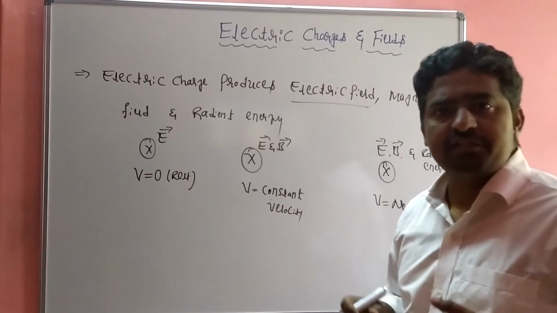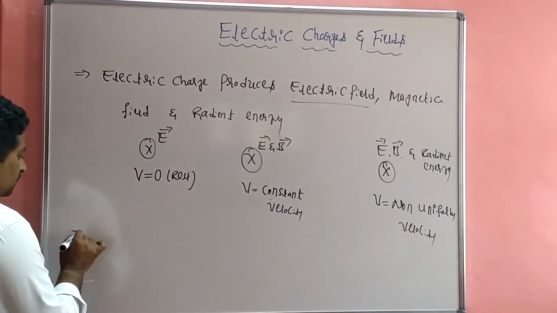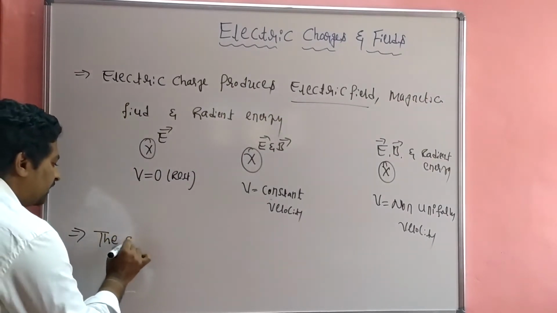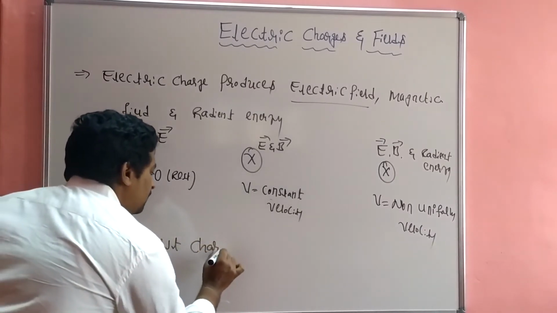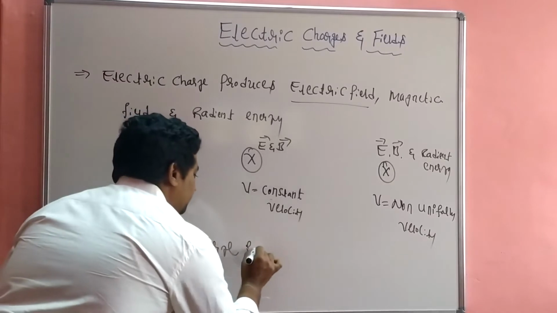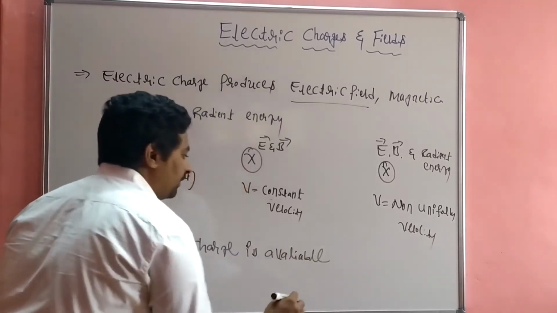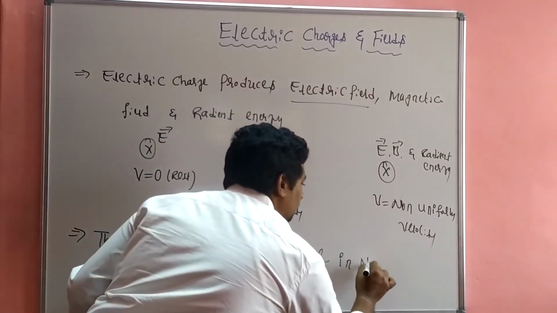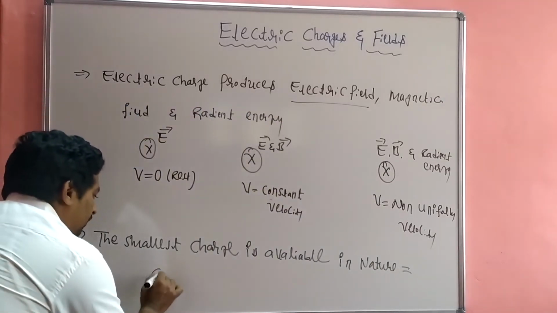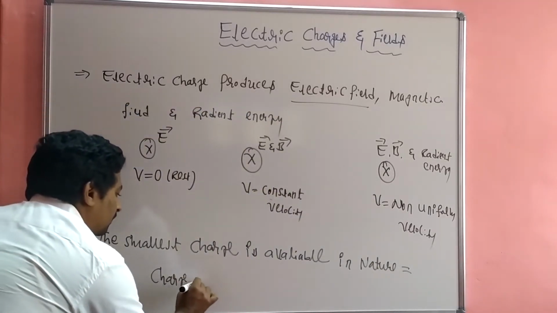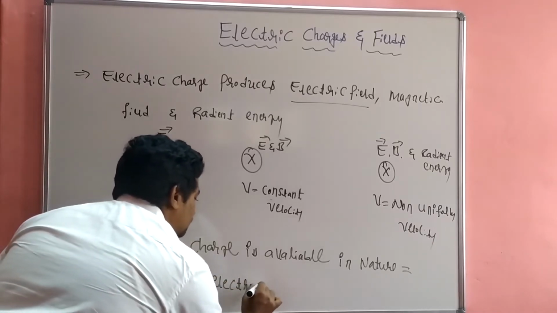So the smallest charge available in our nature, which is the smallest? That is the charge of electron. So the smallest charge available in nature is equal to the charge of electron.